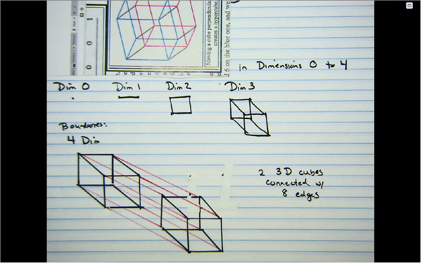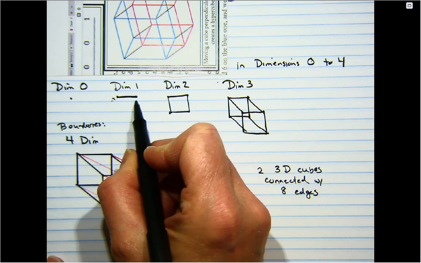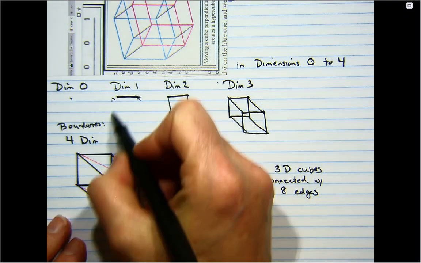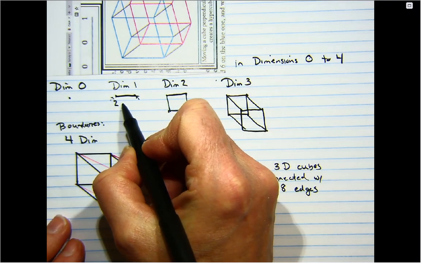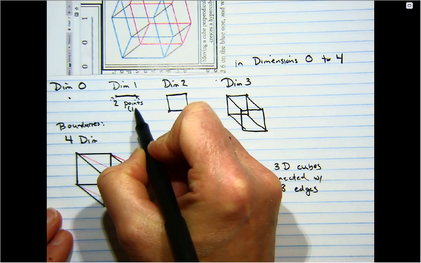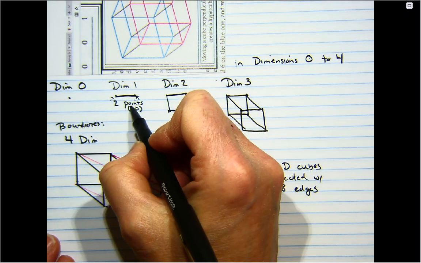So the line had what for boundaries? Anybody? 2 points. Yeah, 2 points keep the line contained. So the points are 0-dimensional. Okay.